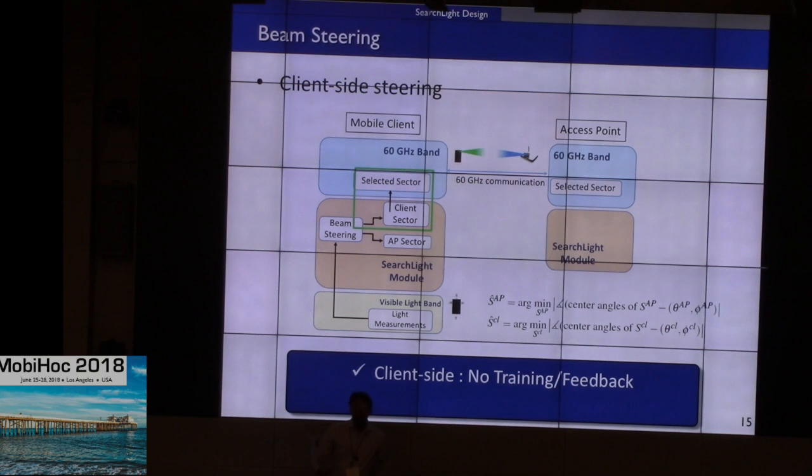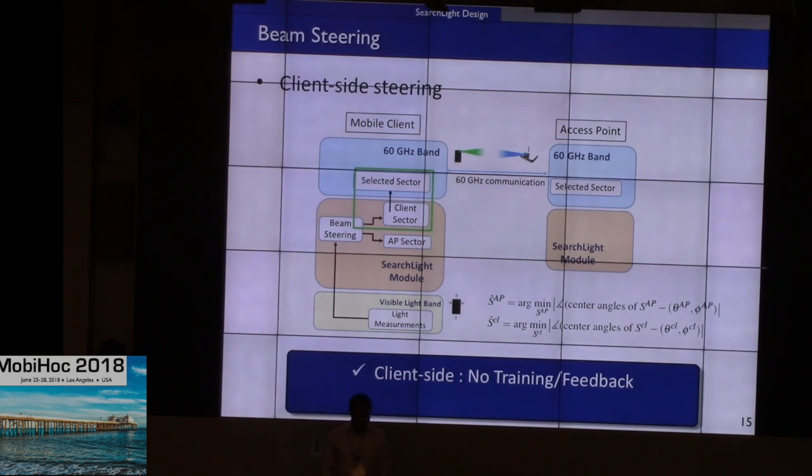Finally, just a little bit more elaboration on the steering protocol. For the client-side adaptation, since the light intensity measurements are local at the client side, the client can adapt its beams without having to give any feedback to the access point. So for client-side steering, it is completely local at the client, and hence the design is very distributed and scalable.